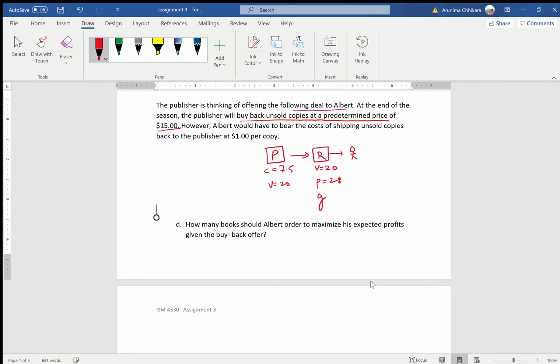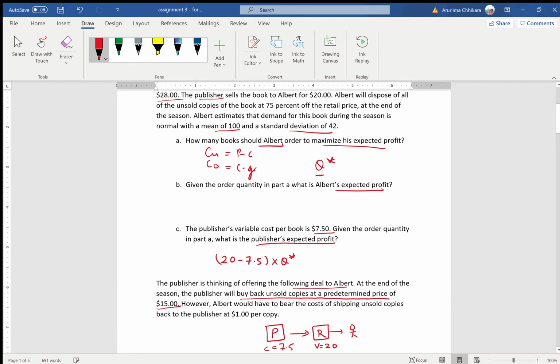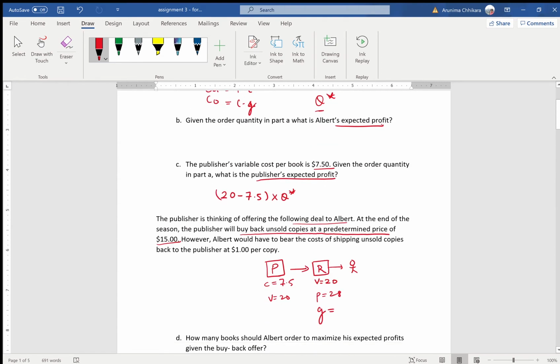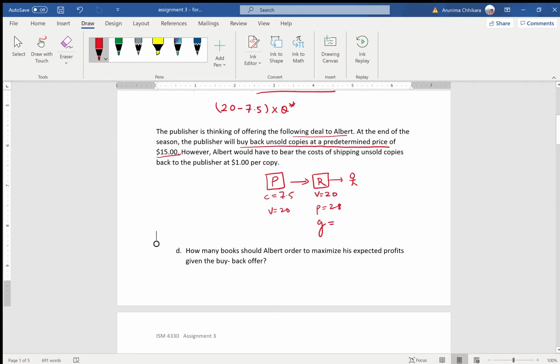However, now the salvage, instead of being 25% of the selling price, $13, becomes $15. So clearly the retailer is going to make more money in this case. However, would 15 be the salvage value for the retailer?